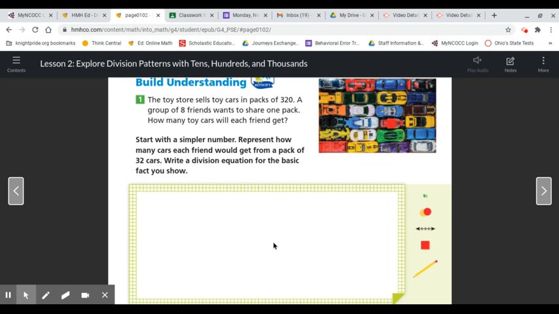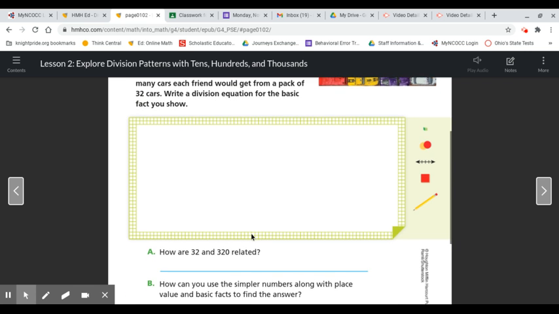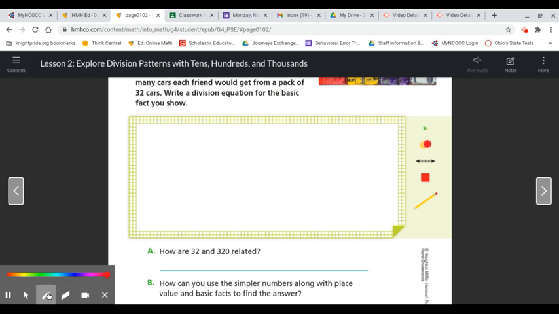To start with a simpler number, represent how many cars each friend would get from a pack of 32 cars. Write a division equation for the basic fact you show. Okay, so to start us out, I'm going to start out with the equation that we would need to solve for this problem at the beginning.